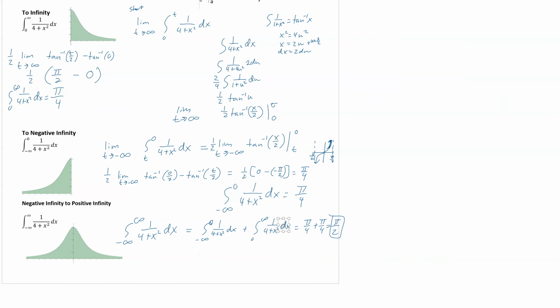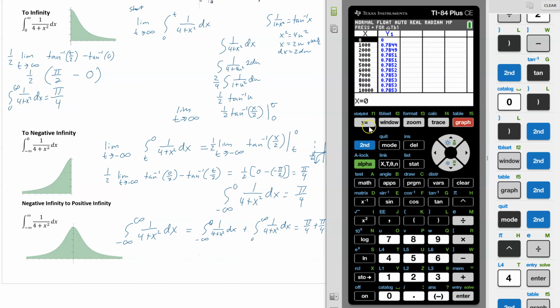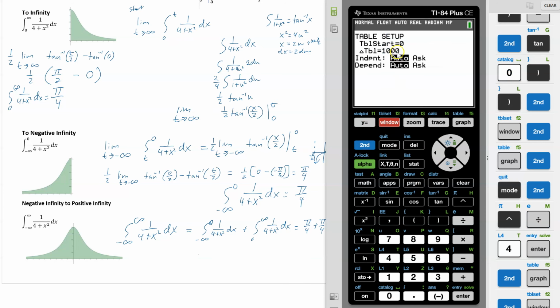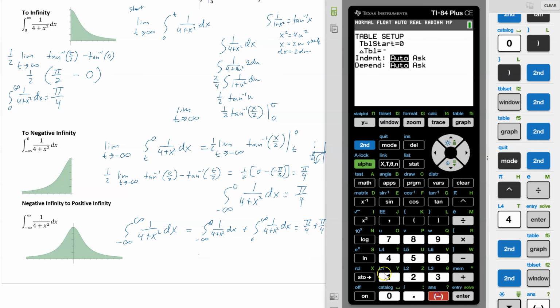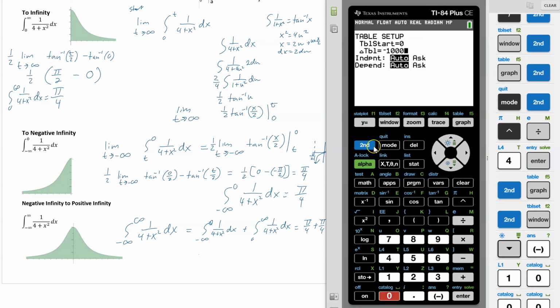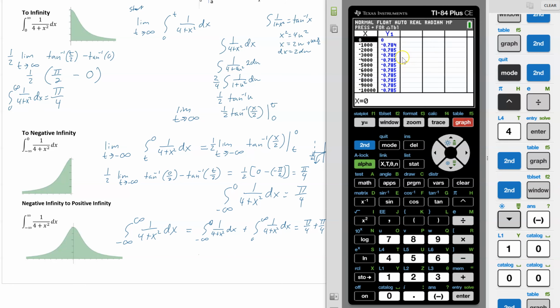And you can do the other side the same way. It would be going to negative infinity, so all we would have to do is make our table set a negative. So now we're going off to negative infinity, and you can see it's the same thing, just with a negative there. Now remember, the reason it's coming out negative is these are backwards.